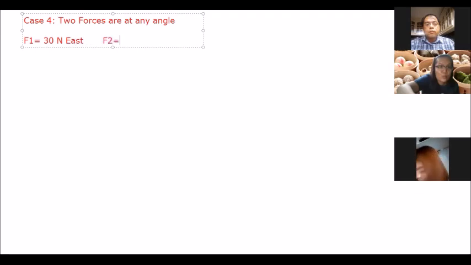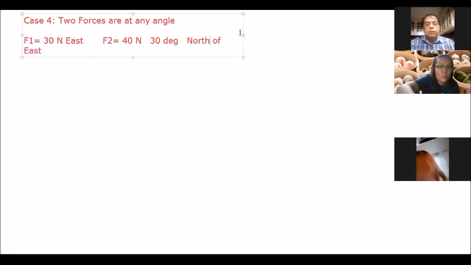Our F2, this time around, we'll have a value that is 30 degrees, and it is going north of east. So the word there is north of east.